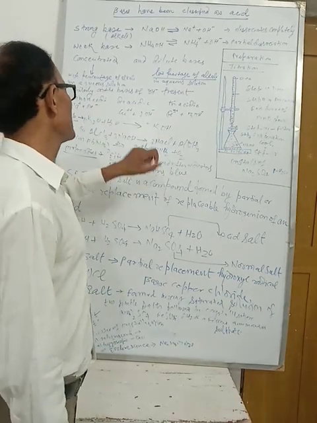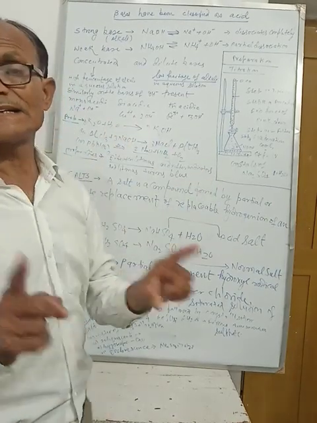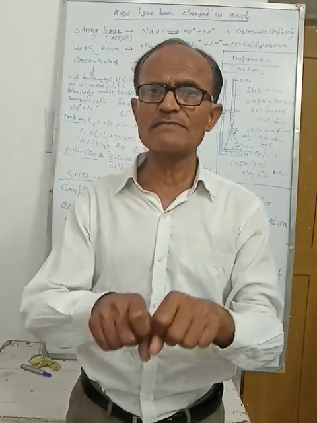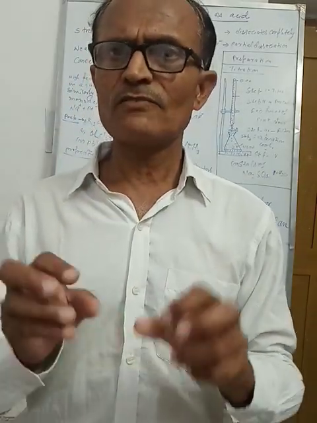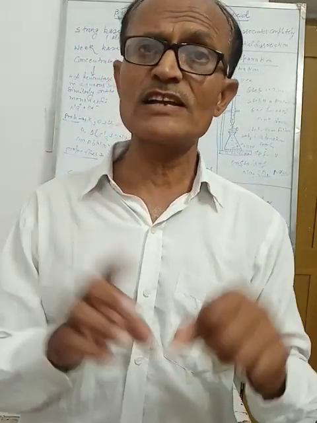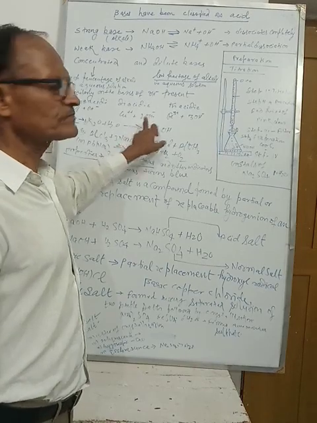Similarly, diacidic base: Cu plus plus 2OH minus, that is copper hydroxide. When dissolved in water, we find that there are two hydroxyl ions out of one molecule of copper hydroxide. Therefore, copper hydroxide is called a diacidic base.